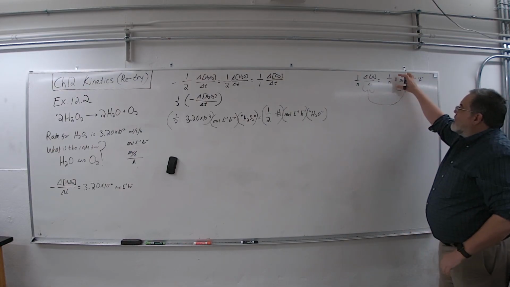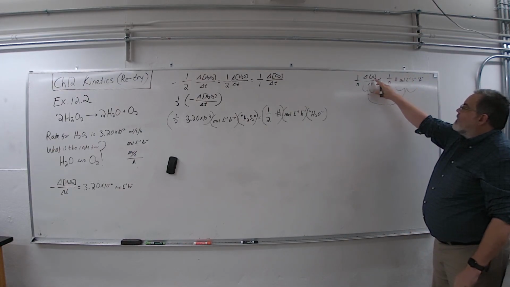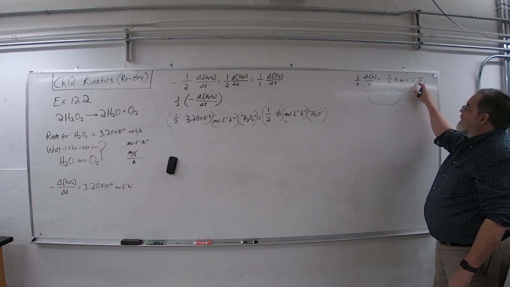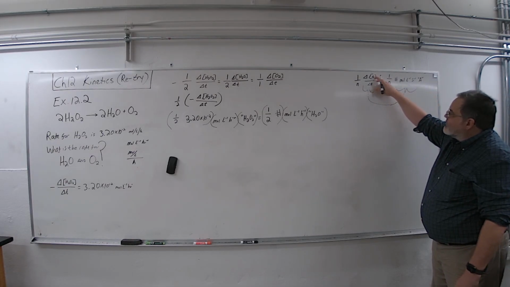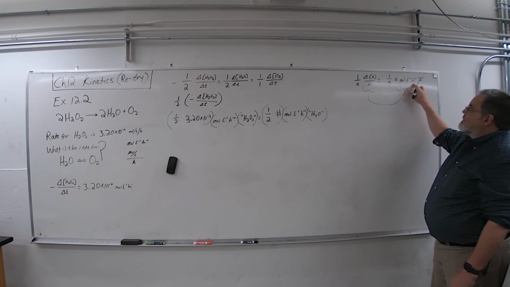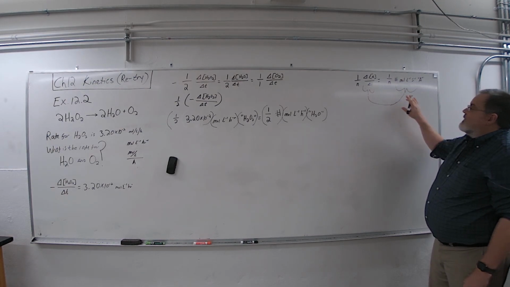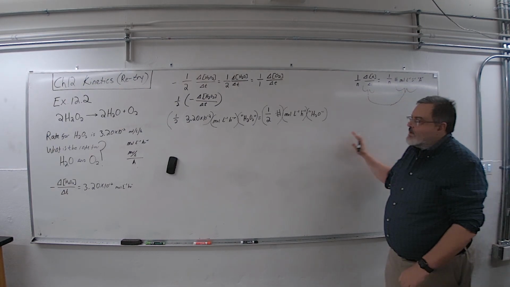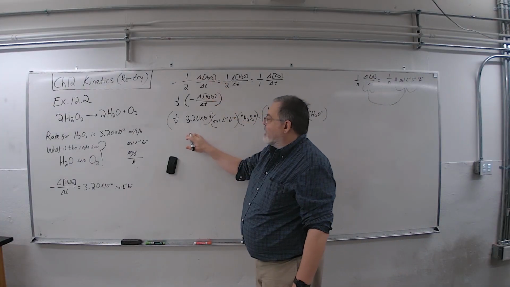The deltas are where the numerical value comes from. The A is where the label comes from. The rest of it is the concentration, that's the moles per liter, and the delta T, that's the seconds. That's what I've done going from here down to here.